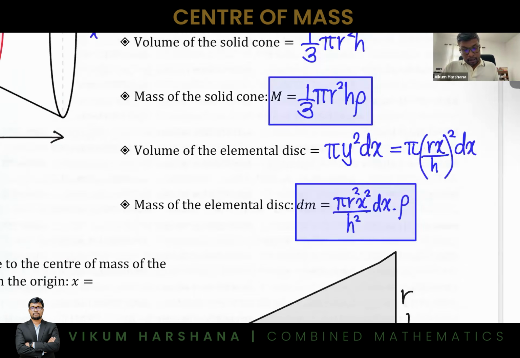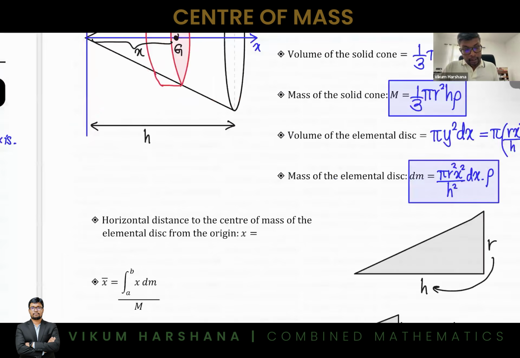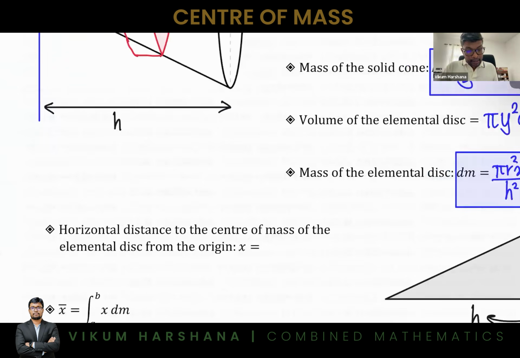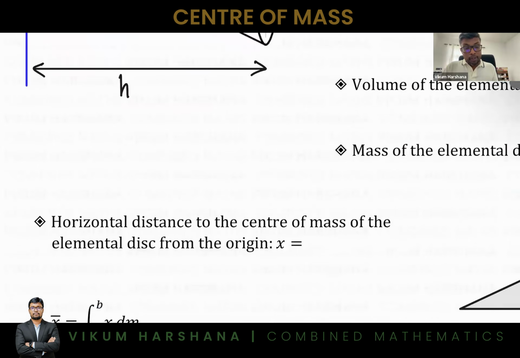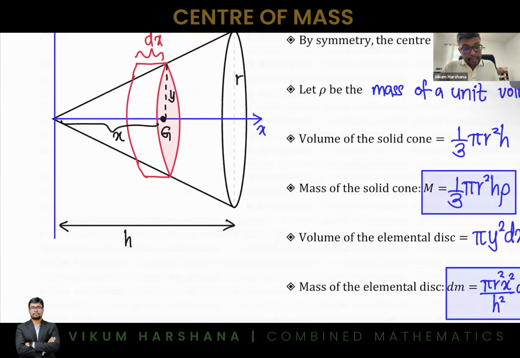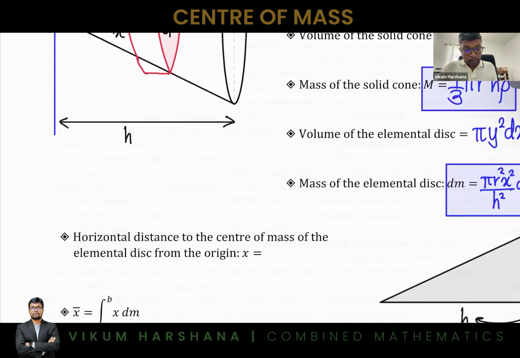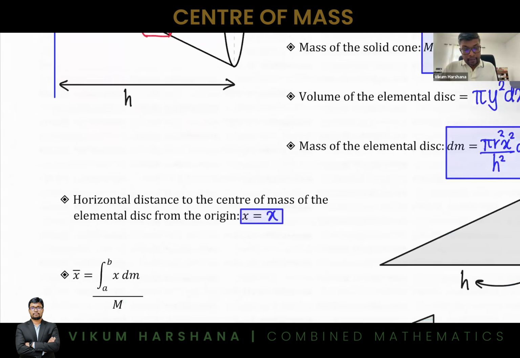Done. So now we have everything. Now the horizontal distance to the center of mass of the elemental disk from the origin, yes, it's just x, right? No need to worry about anything. That variable is the x. So x is x now.